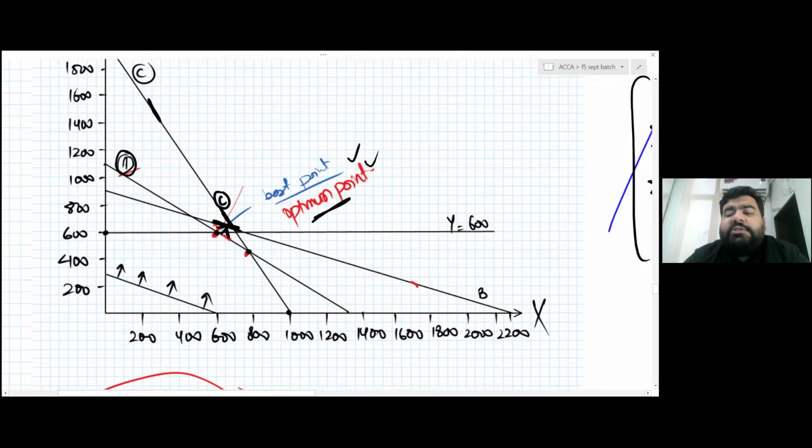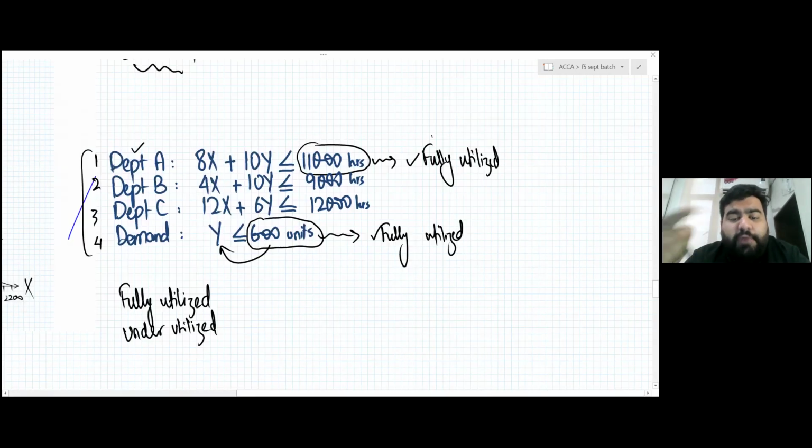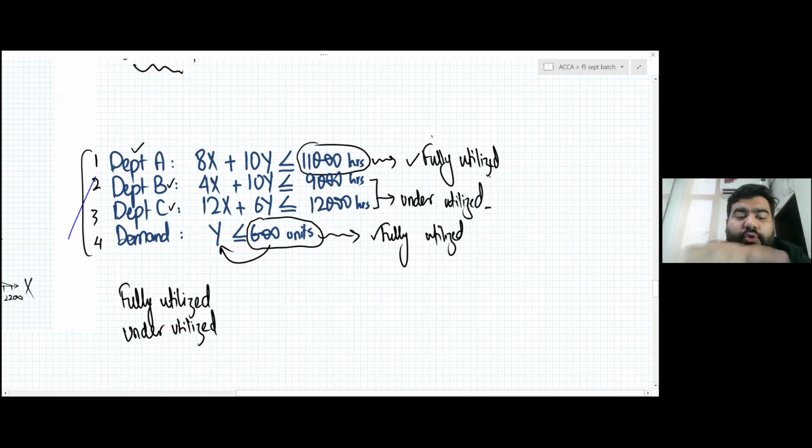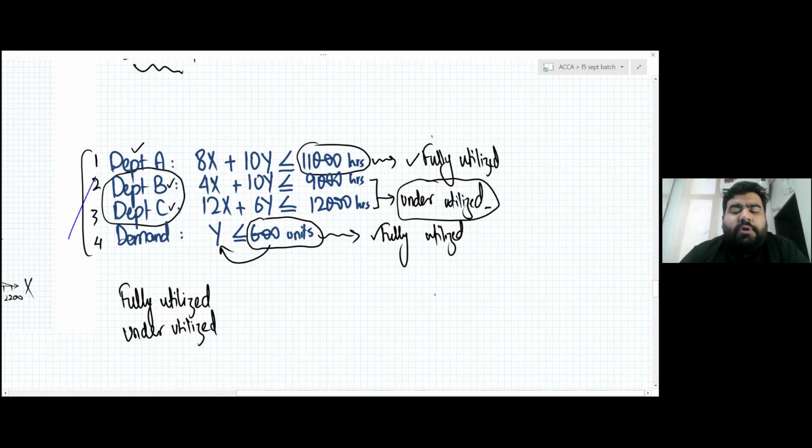We have utilized department A and demand fully, but for department B and department C, we will say these resources are not fully utilized, or underutilized. We have not utilized them completely due to A and Y. For example, in B, maybe we have utilized 8,500 hours, but not the complete 9,000 hours. And department C has a total of 12,000 hours, but we are not able to utilize it completely.